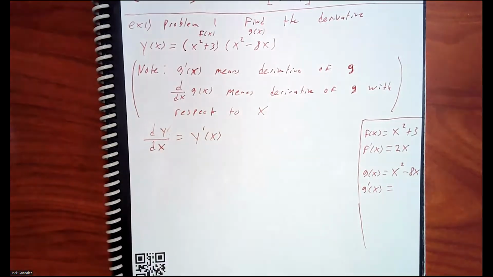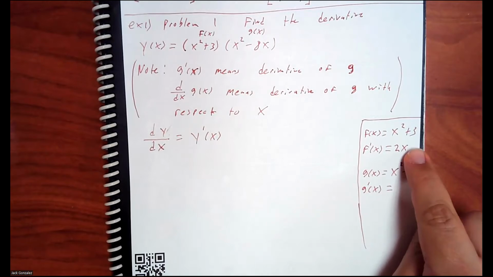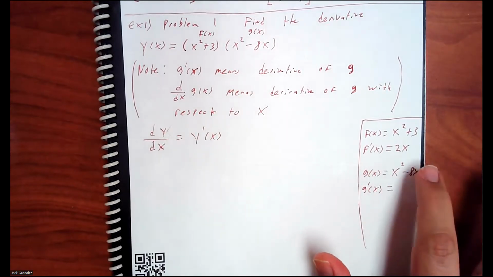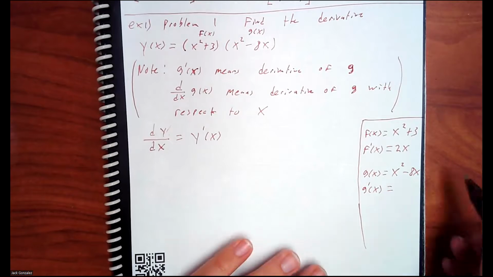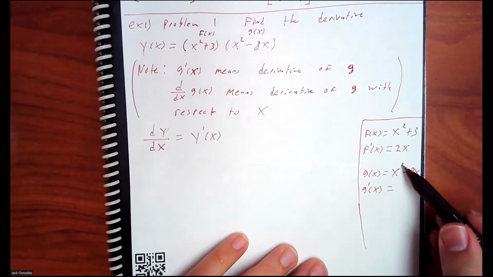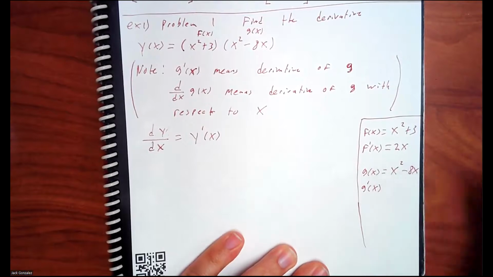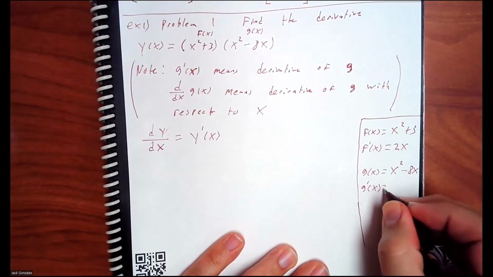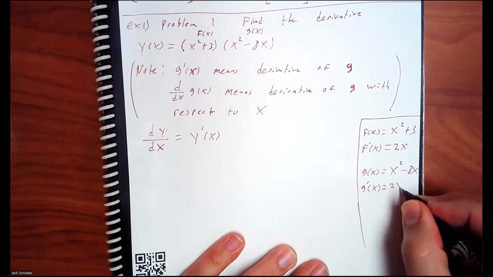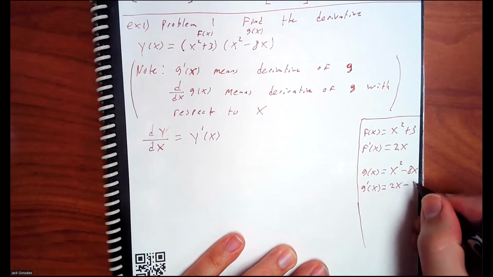You bring the 2 down, you subtract 1 from the power. So it got reduced by 1 power, 1 degree. So that's all 3.2 stuff. Do it again over here. Derivative of this guy, again 2x, and this will become just a constant.